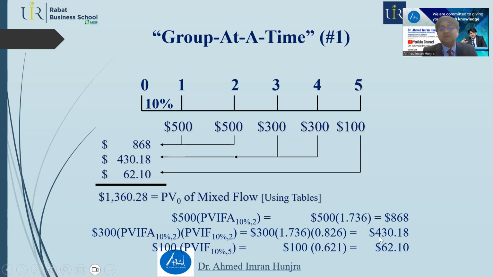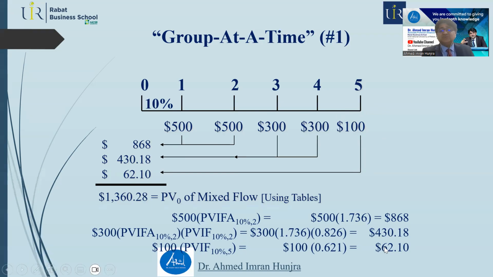So we are getting the present value of these two cash flows, this group, equal to 430.18. And we are left with one payment, and it's at the 5th year. So we will be solving it as a simple payment. So present value is 100 into the present value interest factor, it's not a group. So we will be solving it as a simple present value interest factor at 10% for 5 years, because this payment is going to be made at the 5th year.